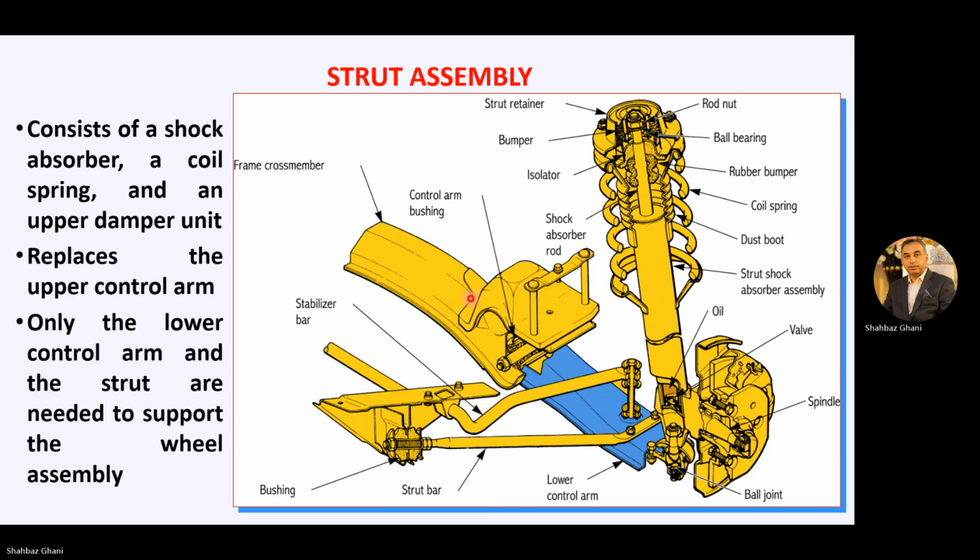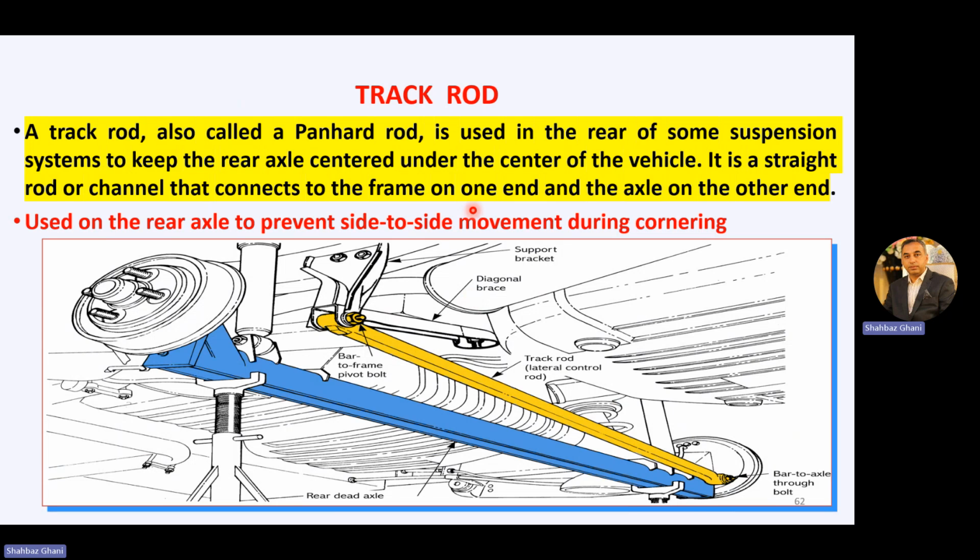Okay. The last component of the suspension system is the track rod. A track rod, also called a Panhard rod, is used in the rear of some suspension systems to keep the rear axle centered under the center of the vehicle.